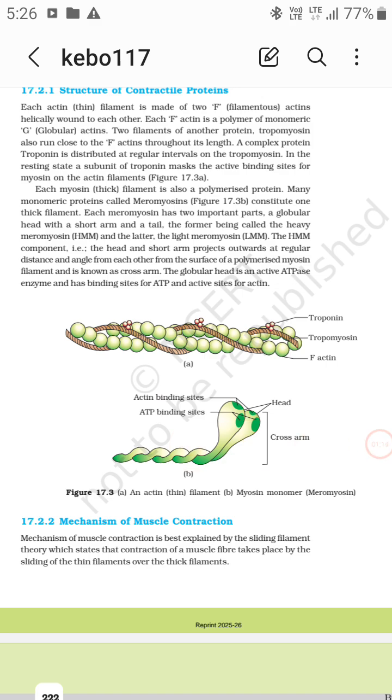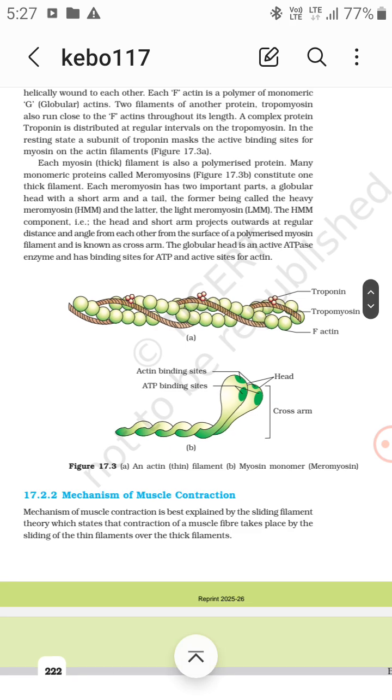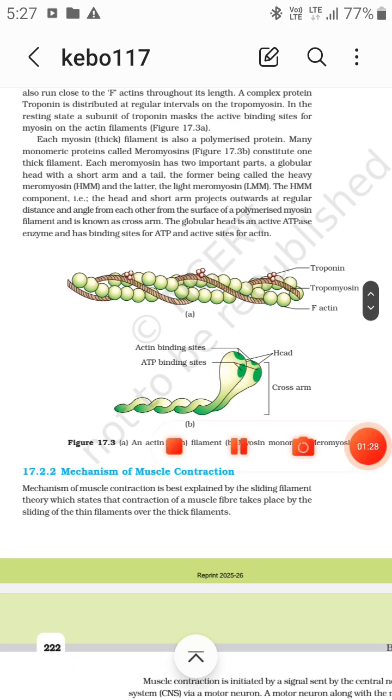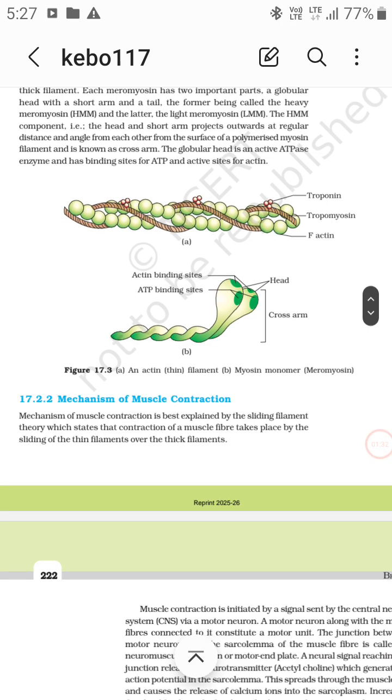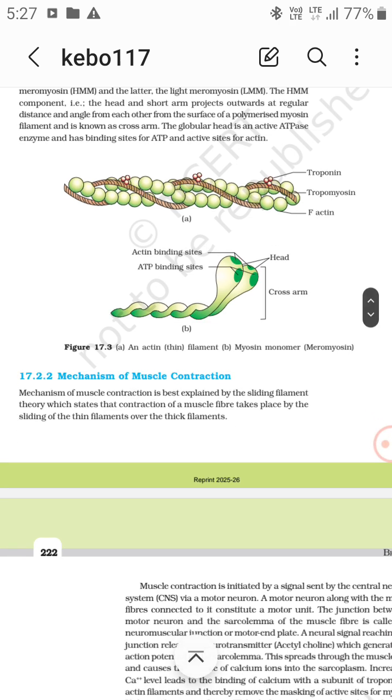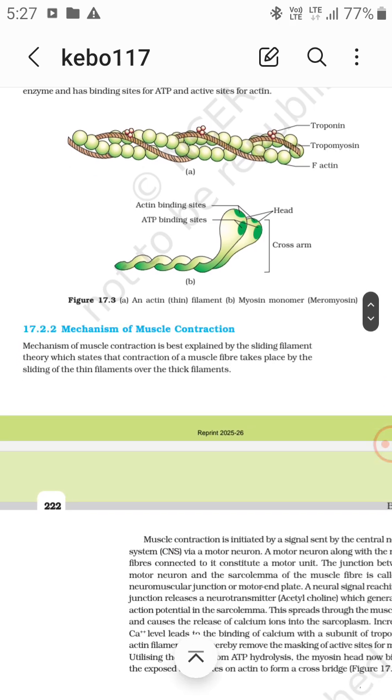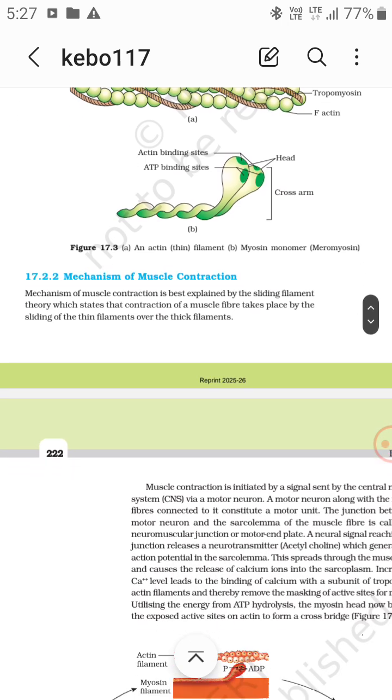Each meromyosin has two different parts: a globular head with a short arm and a tail. The tail is the light meromyosin, and the head is the heavy meromyosin. Now you see, the globular head is an active ATPase enzyme and has binding sites for ATP and active sites for actin. You see the cross arm.